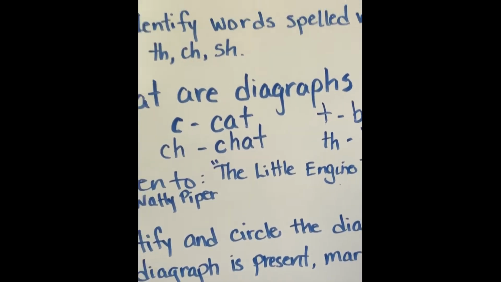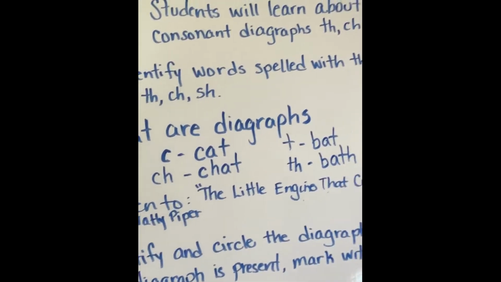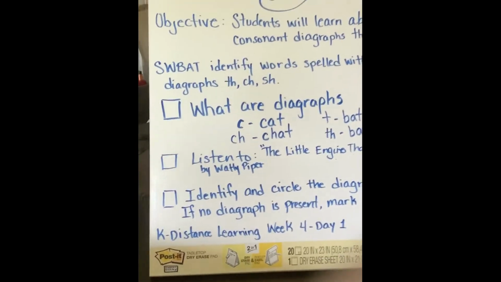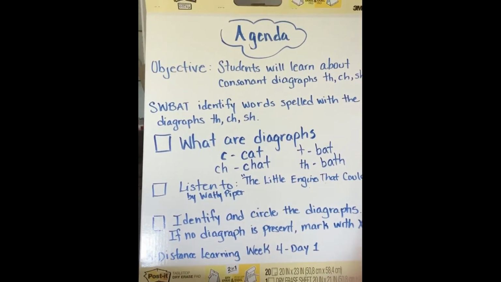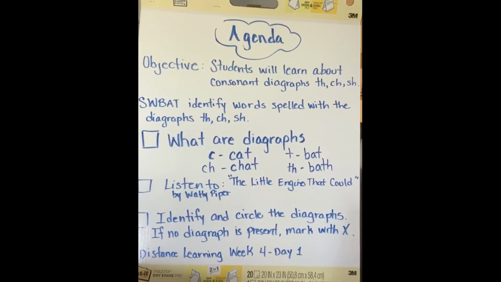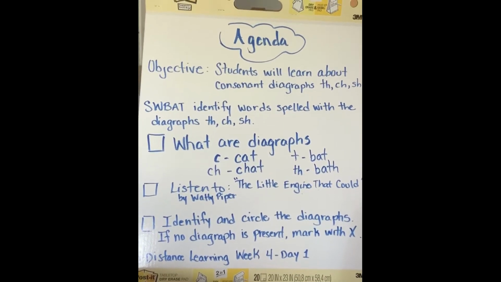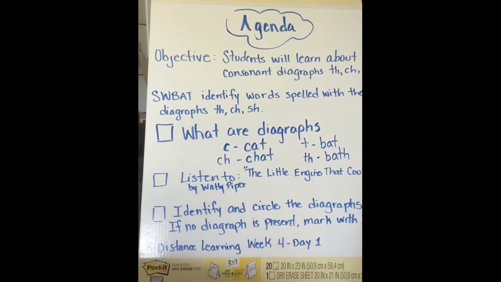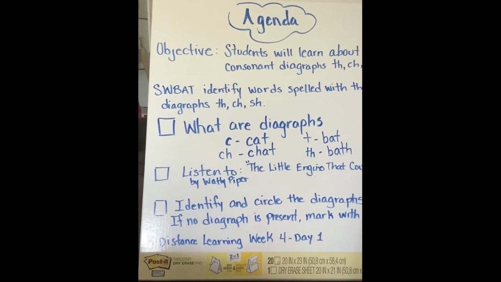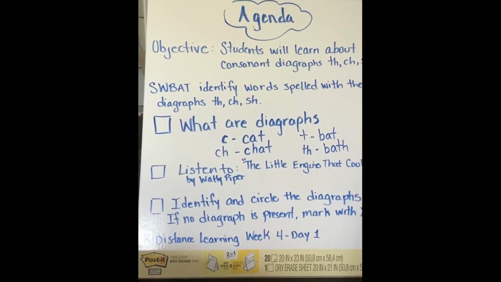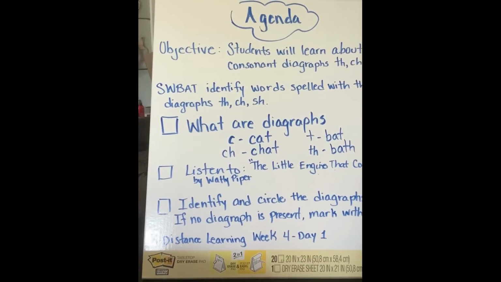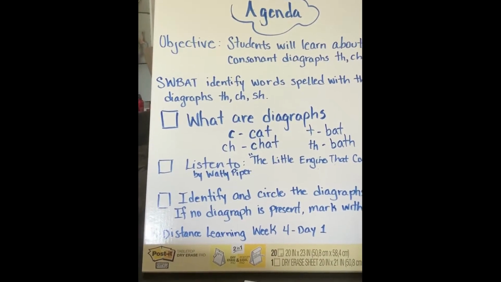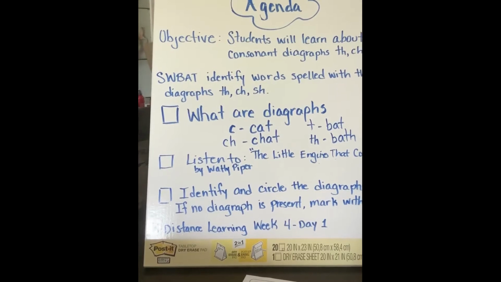This is going to be our agenda for today. Students will learn about consonant digraphs, TH, CH, and SH. Students will be able to identify words spelled with the digraphs TH, CH, and SH. The things that we're going to do today: we're going to ask the question, what are digraphs?